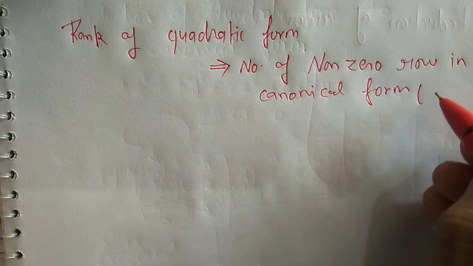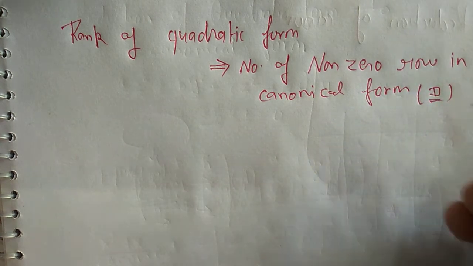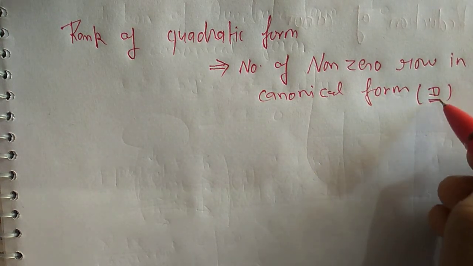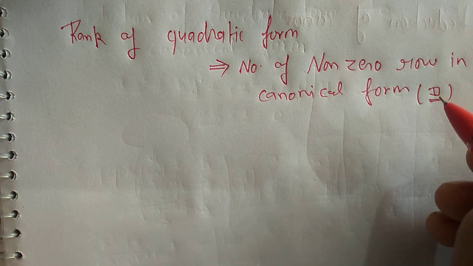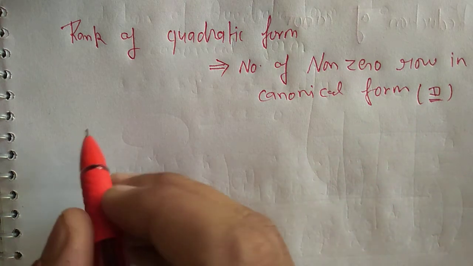That matrix we are getting is D, right? So in D, the number of non-zero rows, or we can say the number of non-zero eigenvalues, will be the rank.